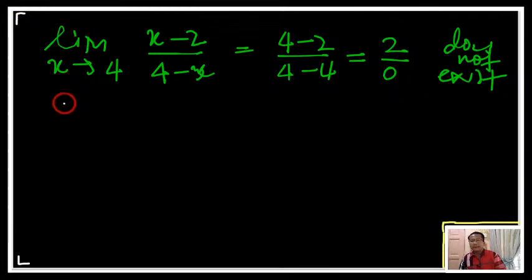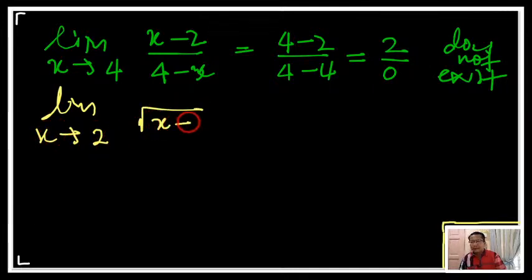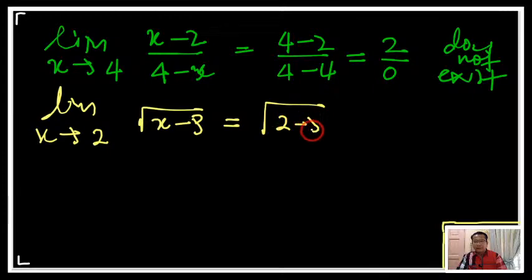Another example, limit as x approaches 2. You have square root of x minus 3 here. So this one is square root of 2 minus 3, equal to square root of minus 1. So this one also does not exist.